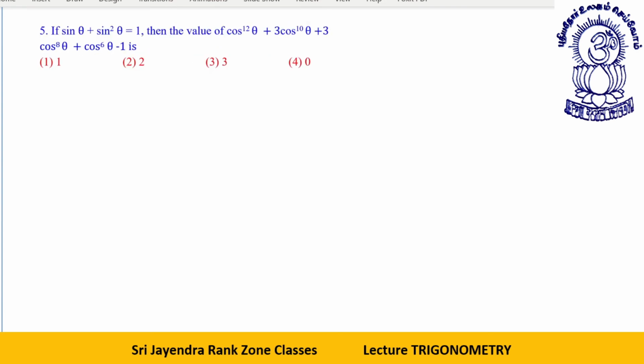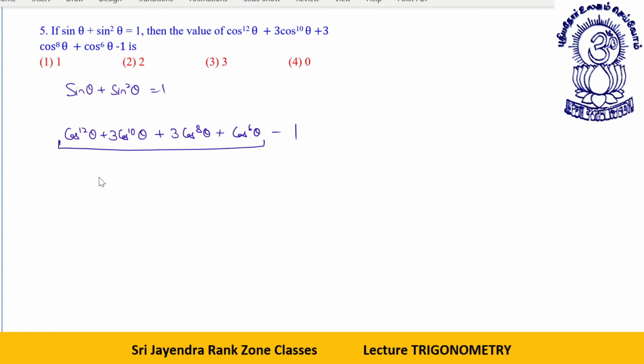This is similar to the previous one. You have sine theta plus sine square theta is equal to 1. You have to find cos 12 theta plus 3 cos 10 theta plus 3 cos 8 theta plus cos 6 theta minus 1. How will I do it? Look. See, this thing is nothing. If you look at it carefully, this is actually cos raised to power 4 theta plus cos raised to power 2 theta cube, then this is minus 1.